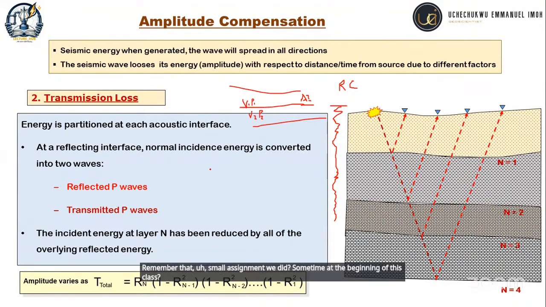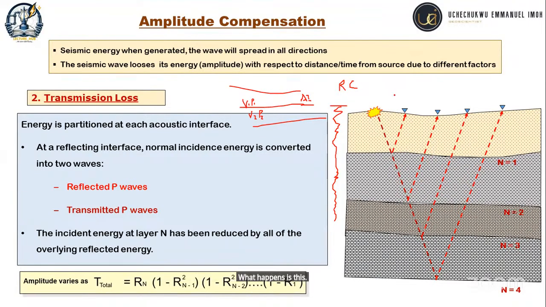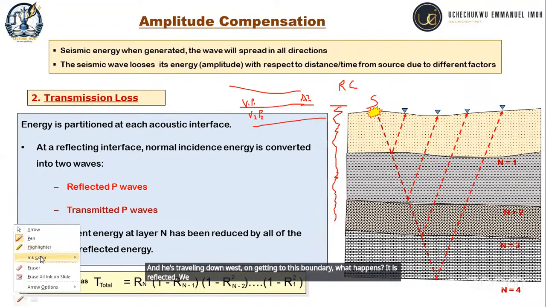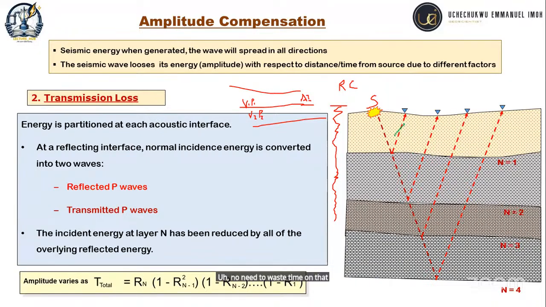What happens is this. Your seismic wave, when it travels from the source and it's traveling downwards, on getting to this boundary, it is reflected. We already all understood this part. No need to waste time on that. And then it's reflected back to the surface. The reflection is dependent on the reflection coefficient.